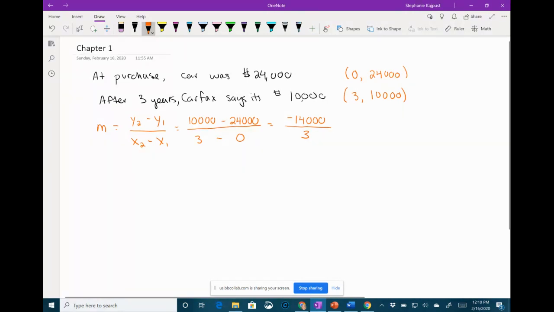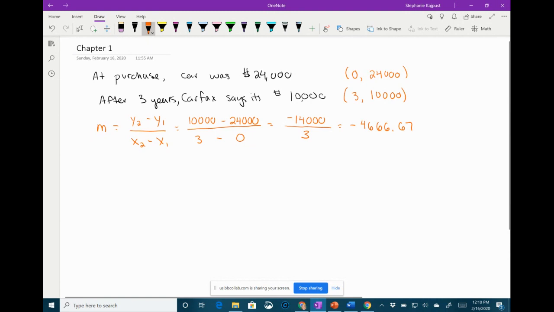And we're going to round to 2 decimal places because our units for y are dollars, and dollars always has 2 decimal places. So this is going to give me negative 4,666.67. It's just a series of 6 repeating forever. So when you round that to 2 decimal places, it is 0.67.